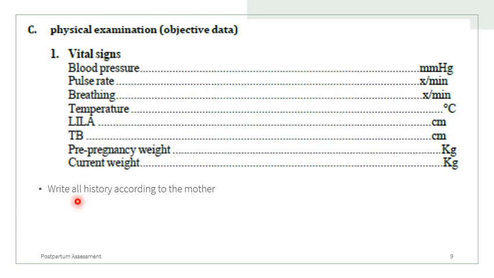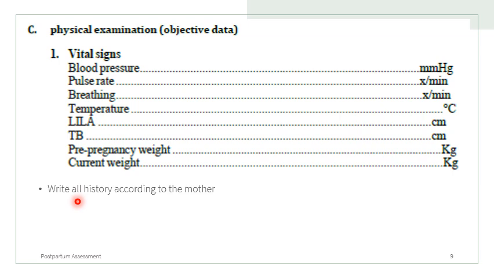The next one is we do the physical examination for the objective data of vital signs. So remember that we put this into a table. So we'll have the blood pressure, pulse rate, respiratory rate, and then temperature on it. So we will have every single thing, as well as pain, and then also the height and the weight under the table.